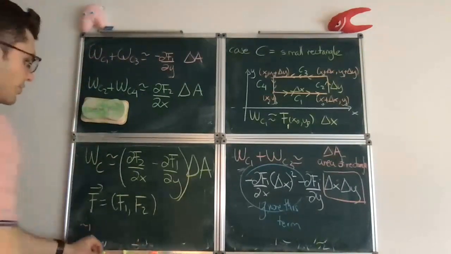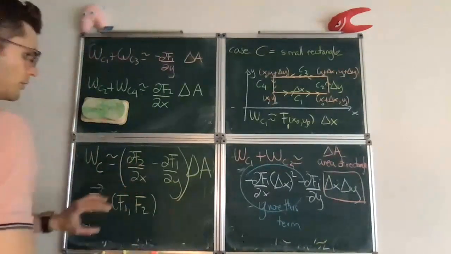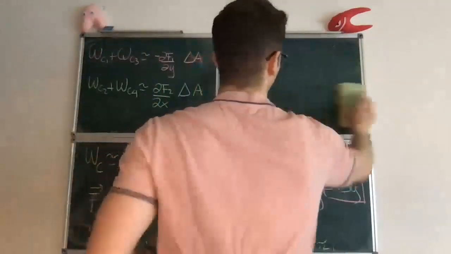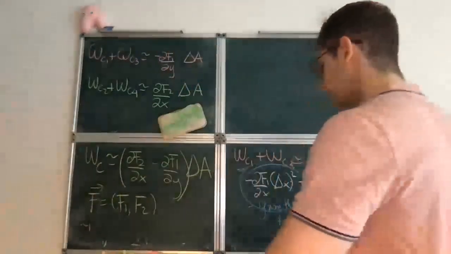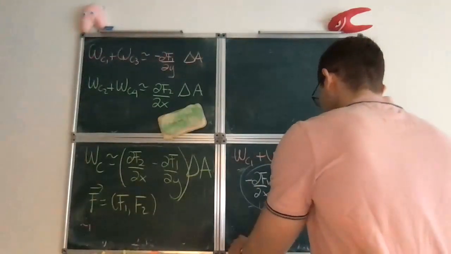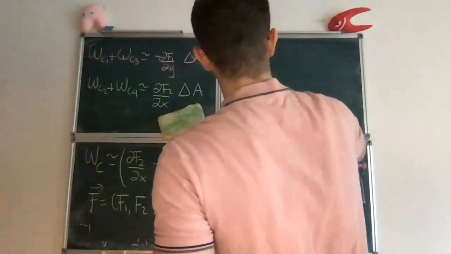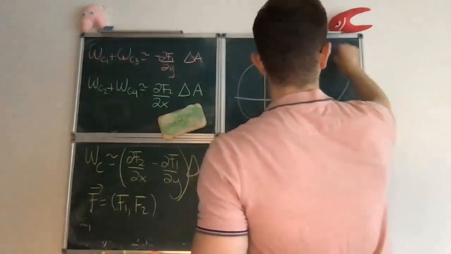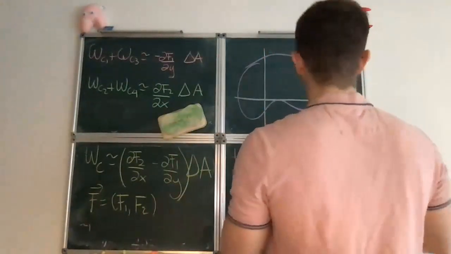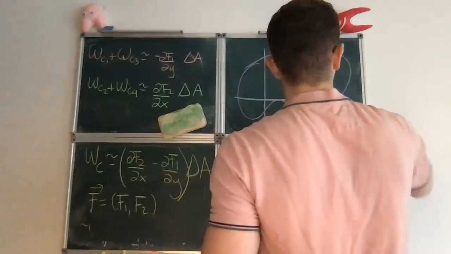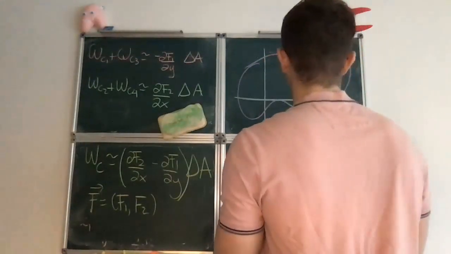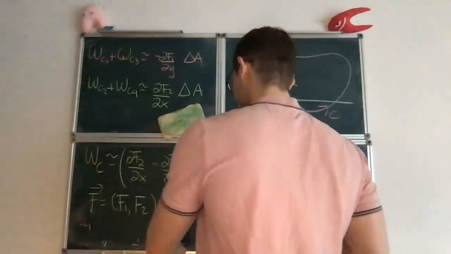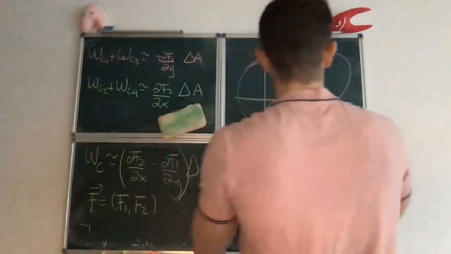And this is a somewhat useful, valid approximation for very tiny rectangles. What you end up finding is that if you have an arbitrary region in space, again, an actual curve which surrounds and closes some region R, what you end up doing is cutting this region into super tiny rectangles.